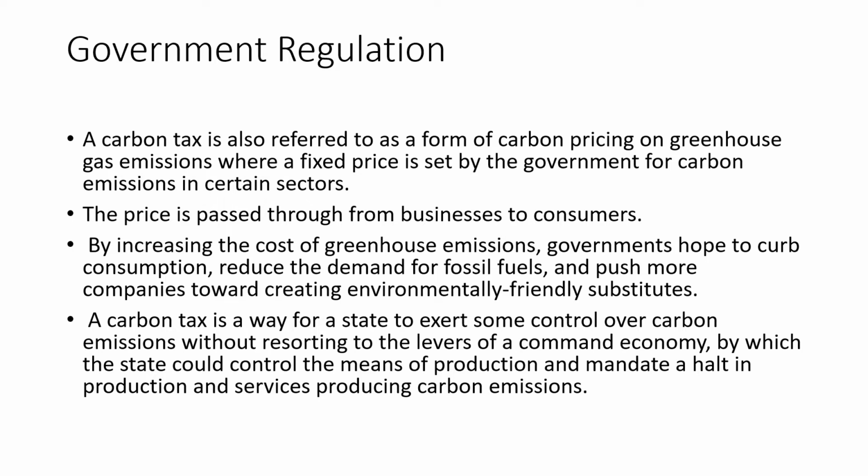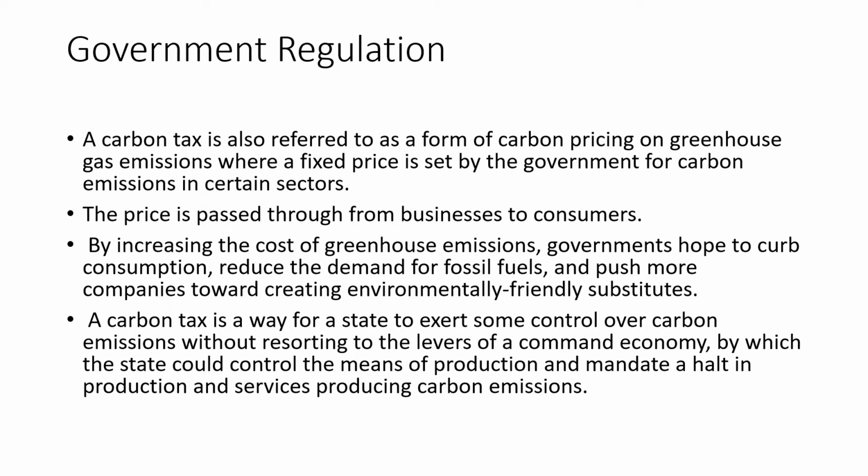So if you are emitting different forms of carbon into the atmosphere, whether it is carbon dioxide or carbon monoxide or methane or ethane or whatever it may be, you would be charged a certain price, and the price is passed from businesses to consumers.